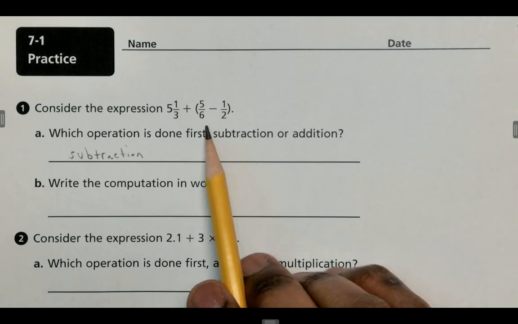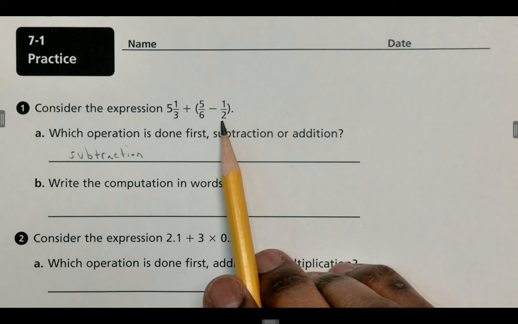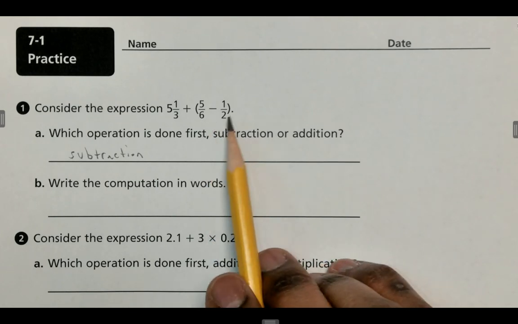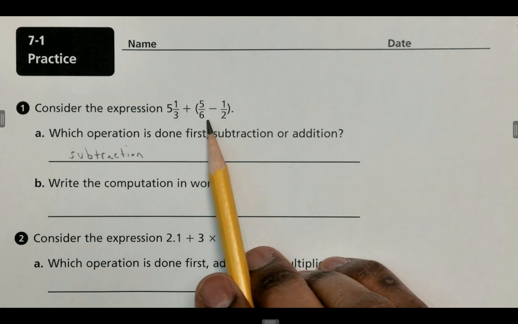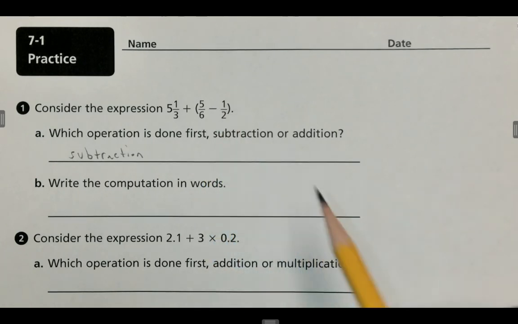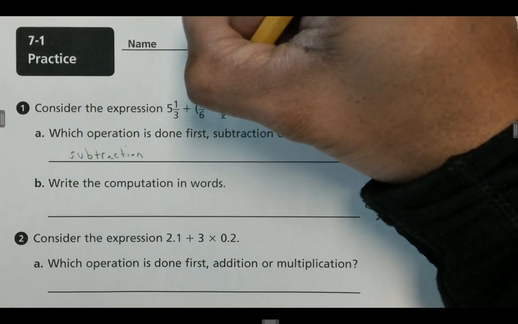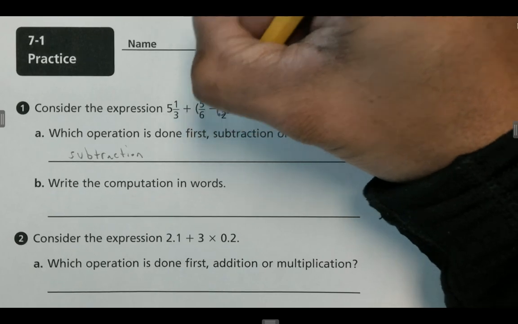And let's actually start to solve this. 5/6 minus a half. Well, we know to add or subtract fractions or mixed numbers, we need a common denominator. The larger of the two denominators is 6. Will 6 work for 2? Yes, it will. Let's rewrite 1/2 as 3/6.